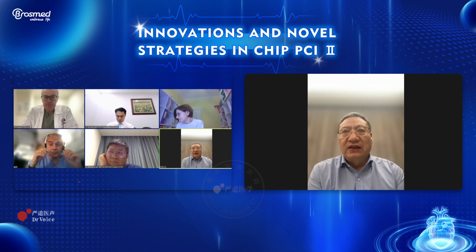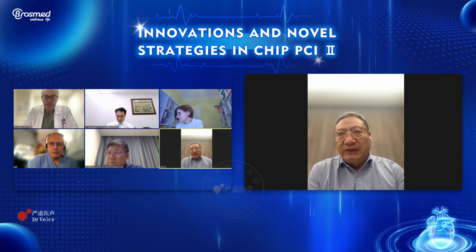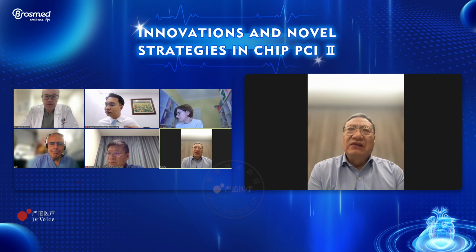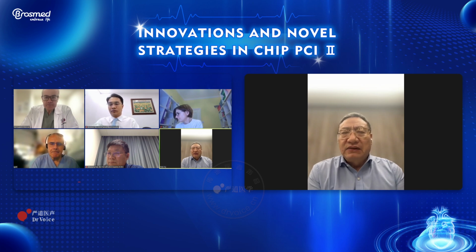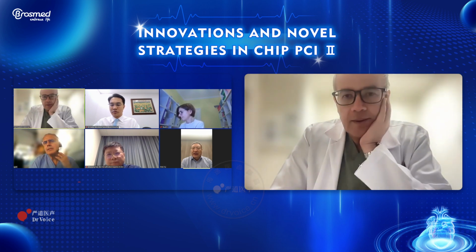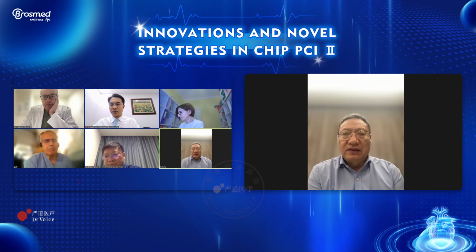So if we don't touch it, we just leave it, just use the plain balloon, I think about 50% of patients still do very well. So I don't know which kind of patient would benefit from the drug coating balloon after lesion preparation in ST elevation myocardial infarction patients. Is it depending on the flow or on the image?